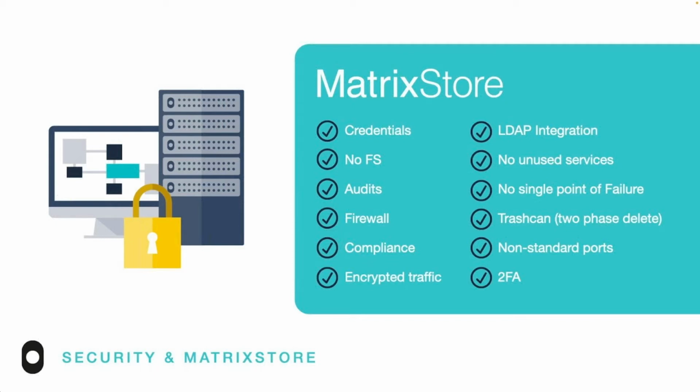What is MatrixStore? It's an S3 compatible object storage platform. That means we've mimicked an S3 interface. You can use MatrixStore as an S3 interface. But actually you can do a lot more than that because we have other interfaces as well. We've got file system interfaces, Samba, NFS. We've got our own file system interface, MatrixStore file system, that mounts as a local drive on Windows, Mac, and Linux.